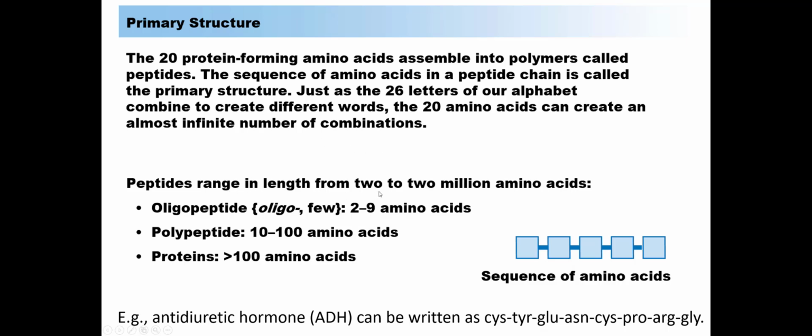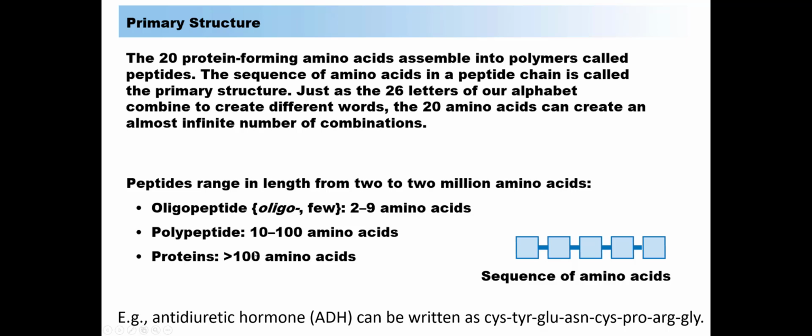Peptides can range in length from 2 to 2 million amino acids. And these are just rough values. An oligopeptide, oligo meaning few, would be 2 to 9 amino acids in length, roughly. A polypeptide might be 10 to 100 amino acids, and a protein is generally over 100 amino acids. Now these numbers are very approximate.